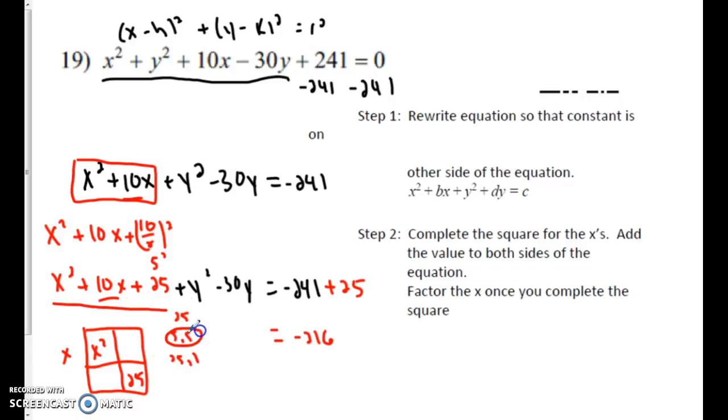But if I add 5 and 5 together, that gets me my 10x. So I get x plus 5. Right now, I have my factored side to be x plus 5 squared plus y squared minus 30y equals negative 216.